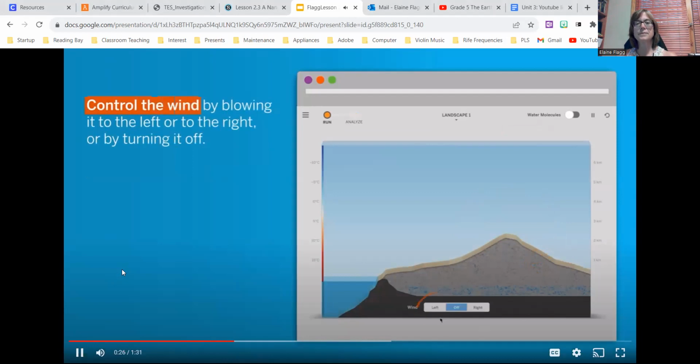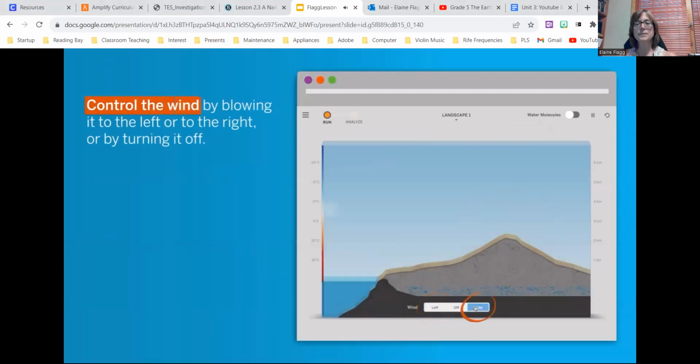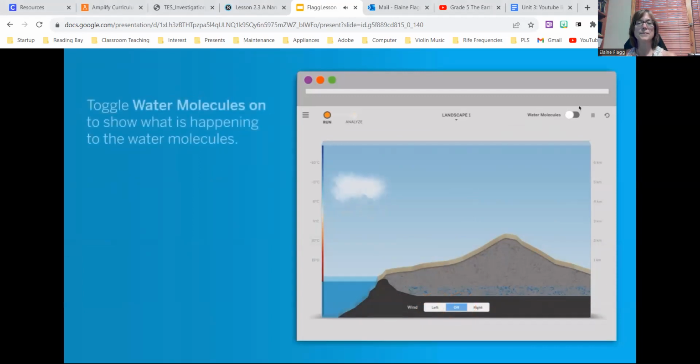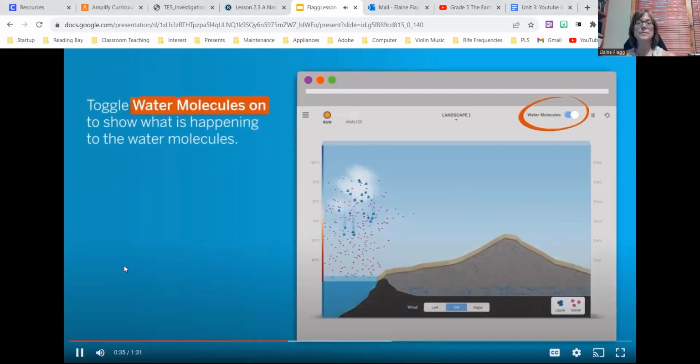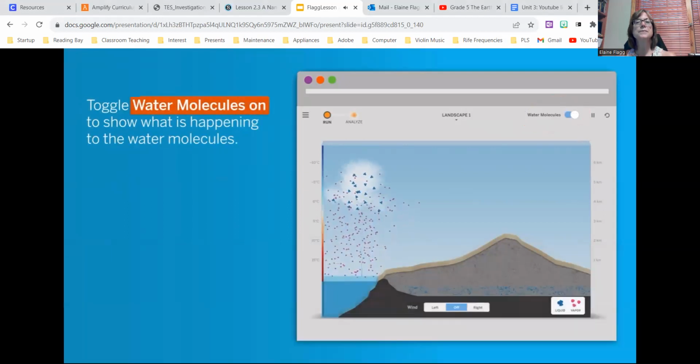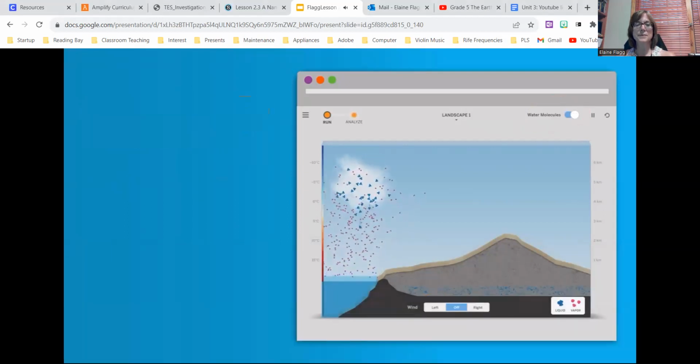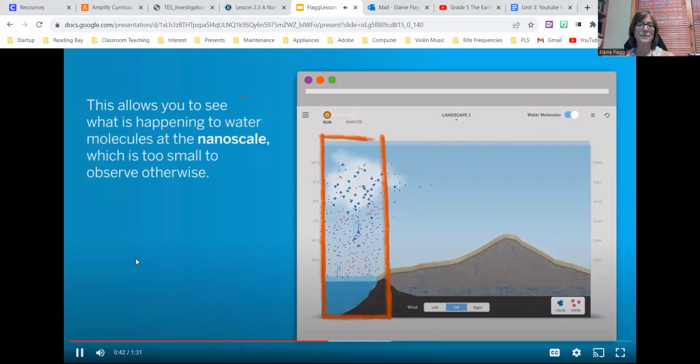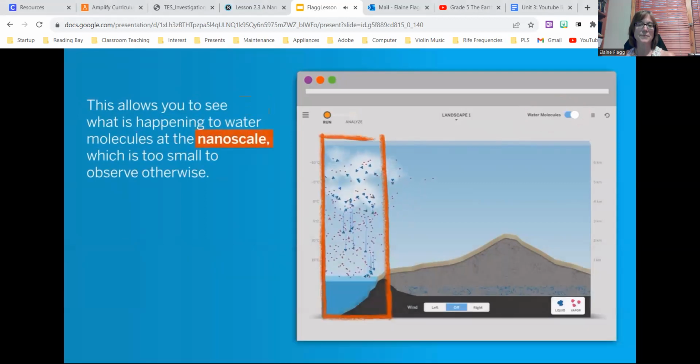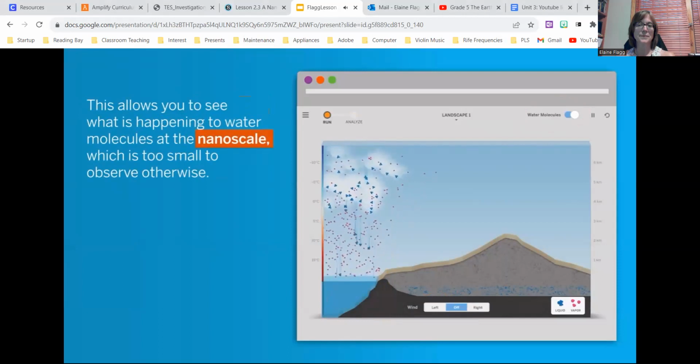Control the wind by blowing it to the left, to the right, or by turning it off. Toggle water molecules on to show what is happening to the water molecules. This allows you to see what is happening to water molecules at the nanoscale, which is too small to observe otherwise.